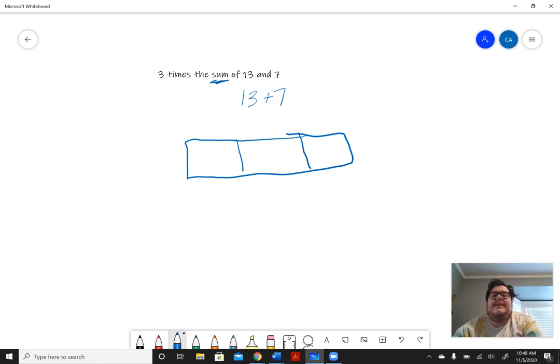And what that means is if we have 3 times something, that means we have 3 groups of it, right? So what this expression is telling us is that we have 3 times, or 3 groups, of 13 and 7, or the sum of 13 and 7.